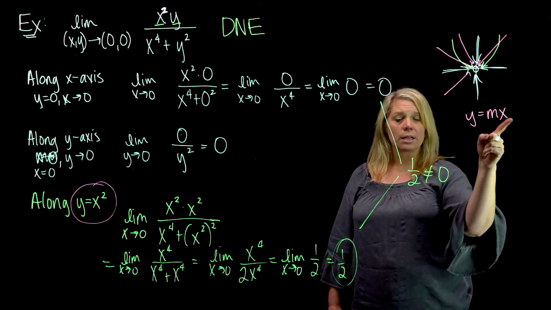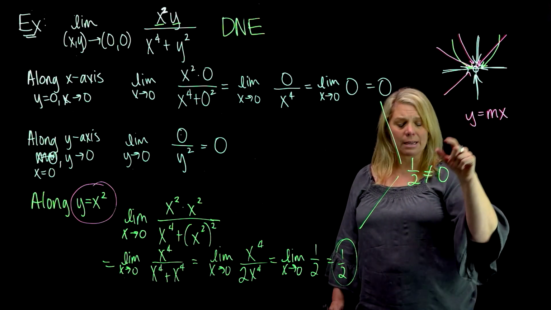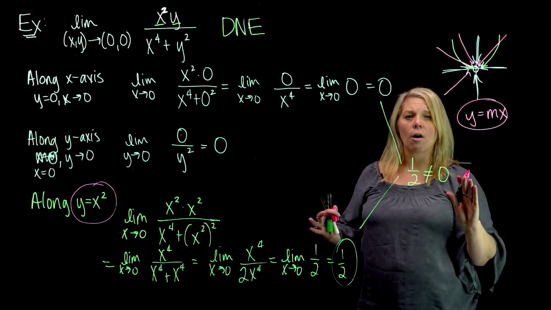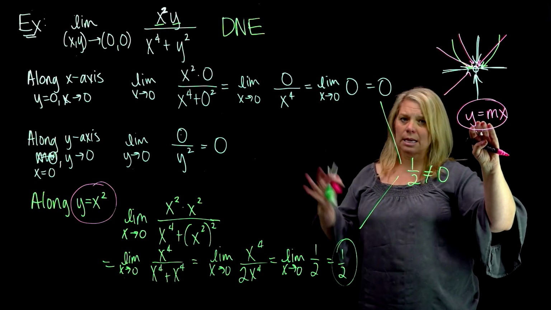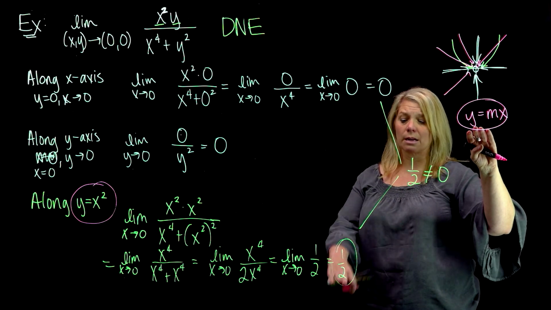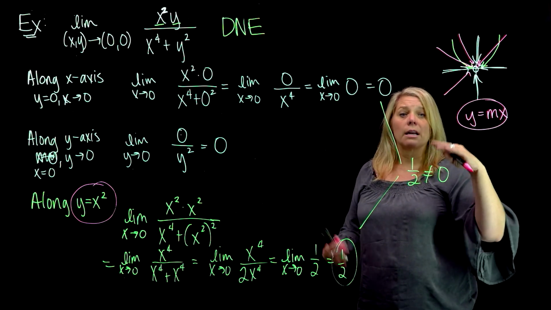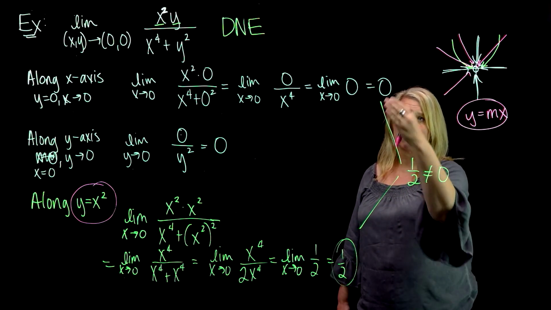Although this is what our textbook does, and they make an interesting discussion around that, I want to emphasize that checking y equals mx is never enough to show that a limit does exist. If you check y equals mx and you get the same answer along every line, that's never enough, because that's not all paths. And it's overkill for showing that a limit does not exist. You really just need two paths along which you get different answers.